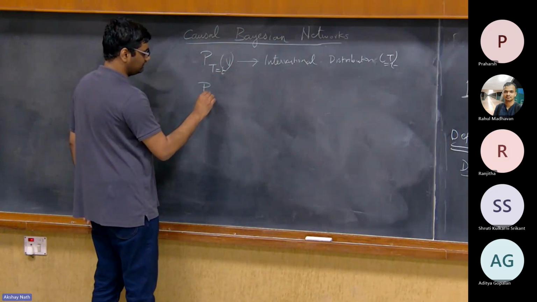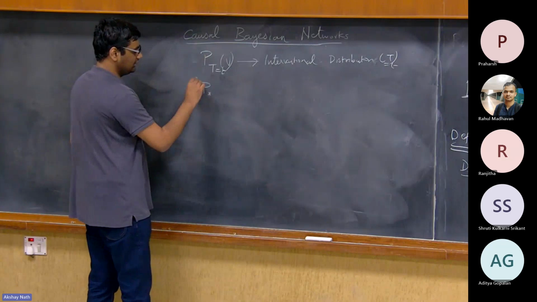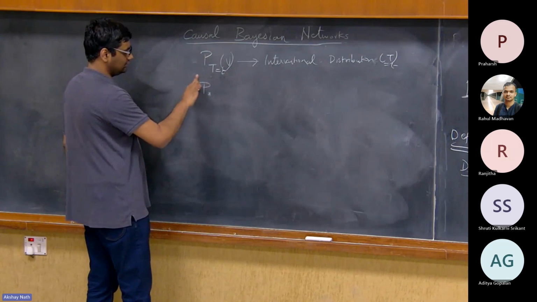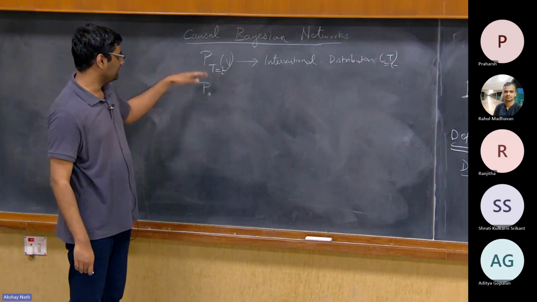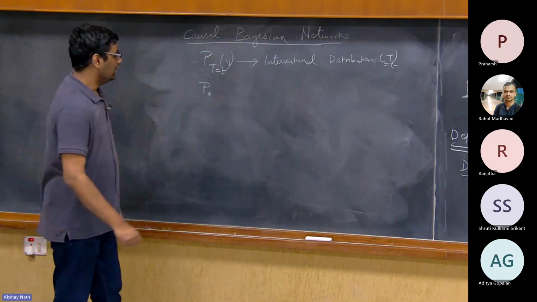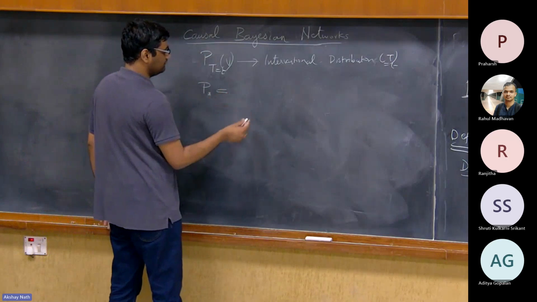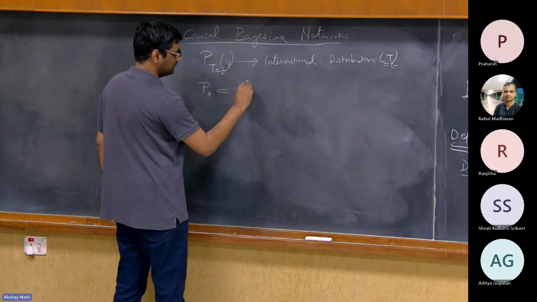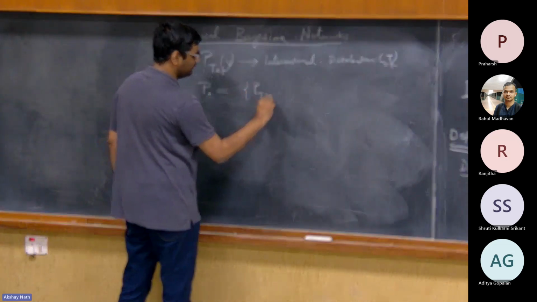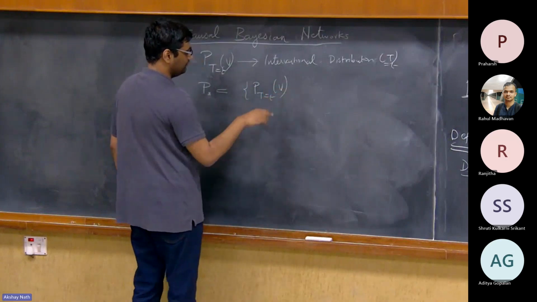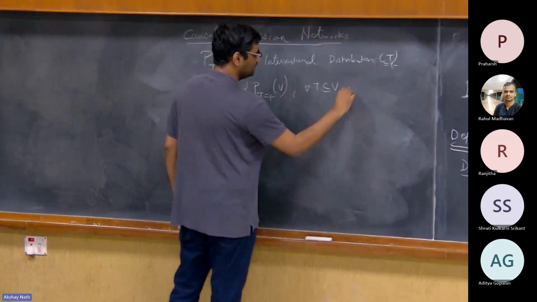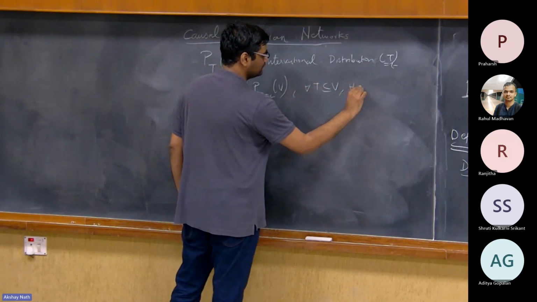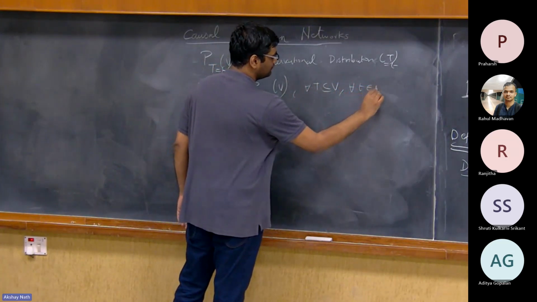Now you have a class of distributions called the interventional class. If you have a discrete dataset, it's countably many, but if you have continuous, it's uncountable. This is nothing but the family of P_T of V for all T a subset of V, and for all t in the domain.